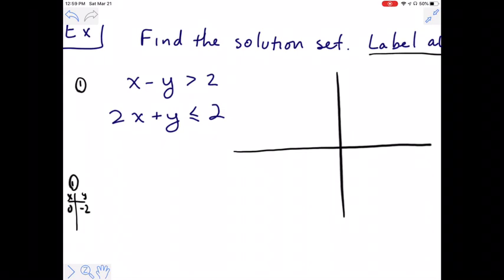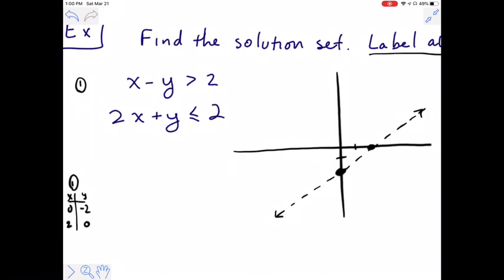And then to find the x-intercept, you let y equal 0. So if I let y equal 0, then I have x equals 2 for that one. So 0, -2, and then 2, 0. And for this first inequality, since it's just greater than and not greater than or equal to, use a dotted line.